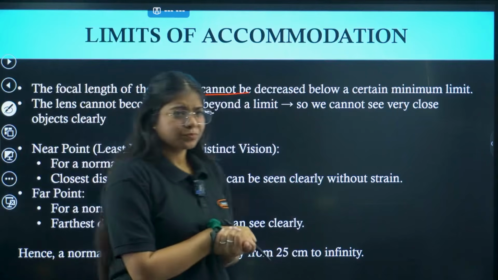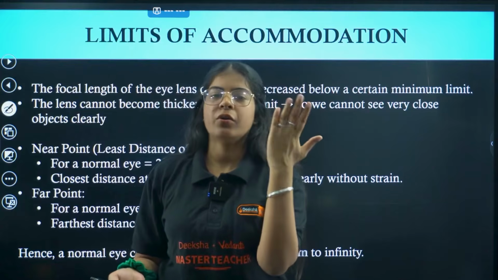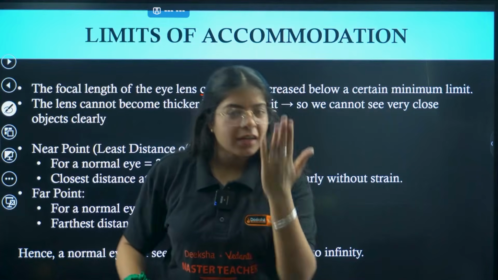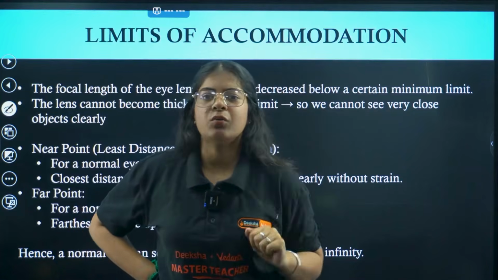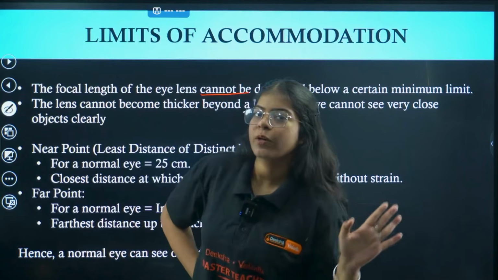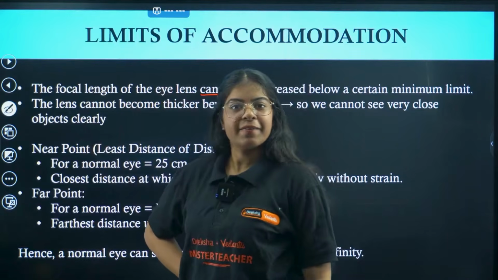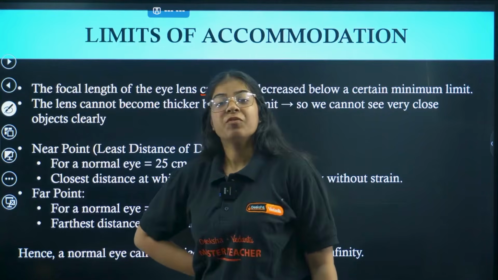If you have your phone in your hand, or your laptop, go very near that laptop and comment down what you see. Do you see clearly? You say, yes ma'am, I'm some superhero, even if I place my laptop here, I can read perfectly. No, you can't, right? Why?